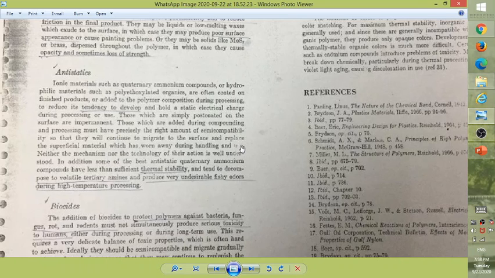Neither the mechanism nor the technology of their action is well understood. In addition, some of the best antistatic quaternary ammonium compounds have less than sufficient thermal stability and tend to decompose to volatile tertiary amines and produce very undesirable fishy odors during high temperature processing.